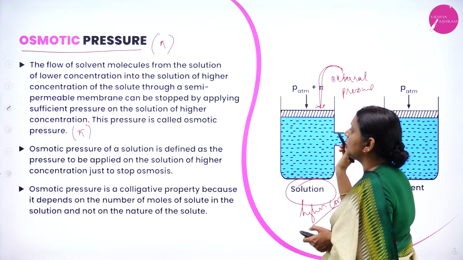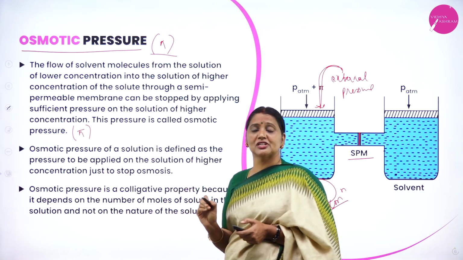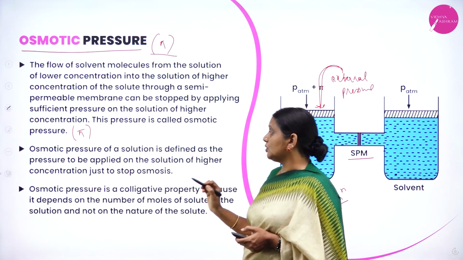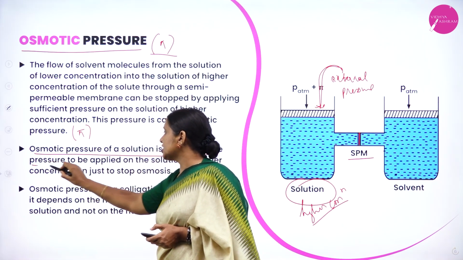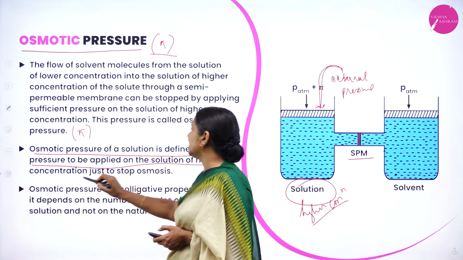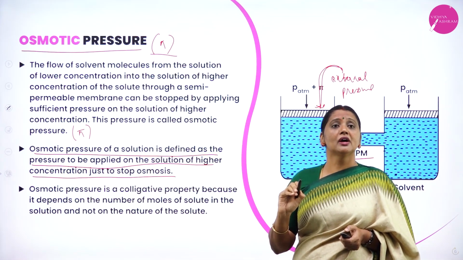So, the osmotic pressure of a solution is defined as the pressure to be applied on the solution of higher concentration just to stop osmosis.